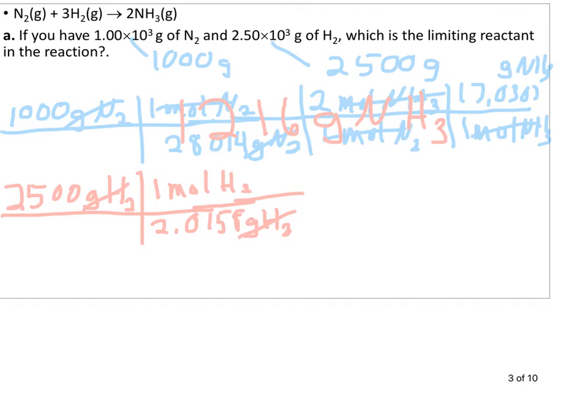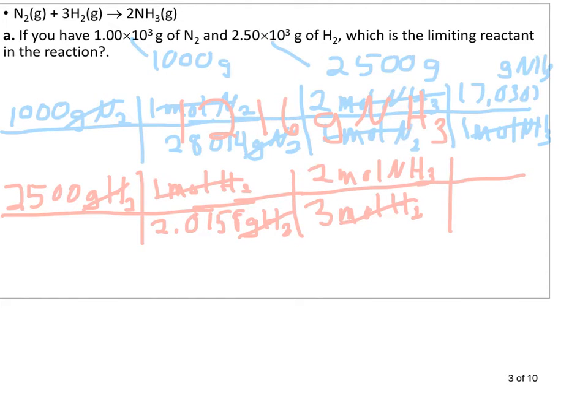Grams divide out grams. And our mole ratio from the chemical equation tells us we got 3 moles of hydrogen for every 2 moles of ammonia. Moles of hydrogen divide out moles of hydrogen.